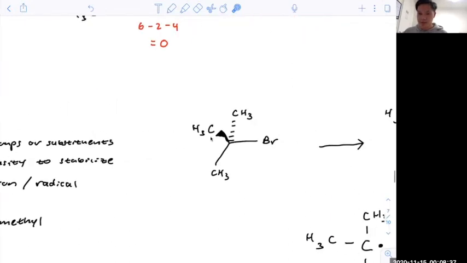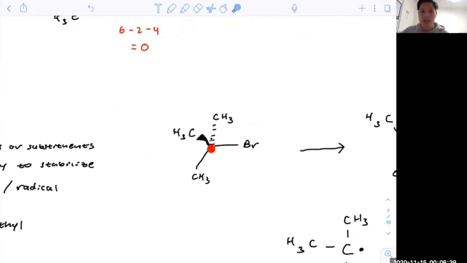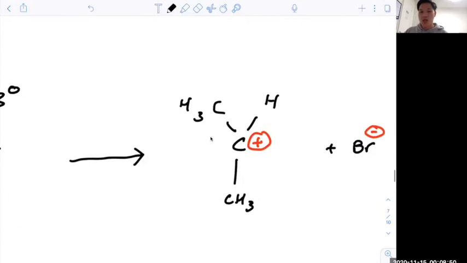So in this case, look at this carbon here that's attached to the bromine. It's attached to 1, 2, 3. So it's a tertiary carbon, right? If it's a tertiary carbon, we form a tertiary carbocation, right? Oh, this is supposed to be a CH3 right here, CH3. Now, if it's a tertiary carbocation, it has this methyl group grabbing this positive charge, donating its electron density to this carbon.